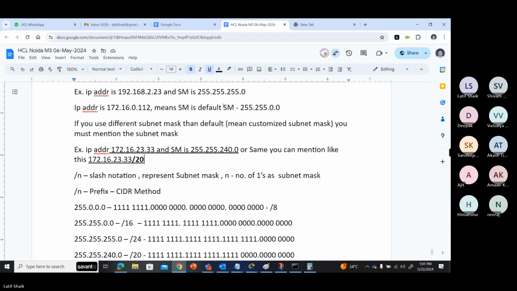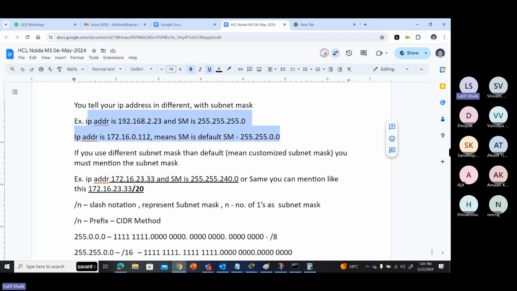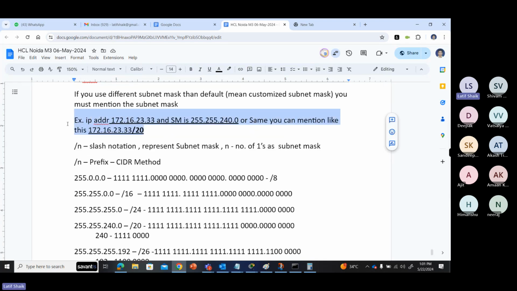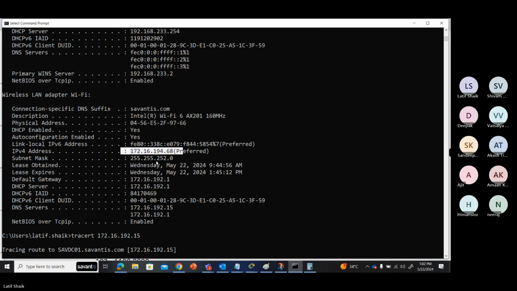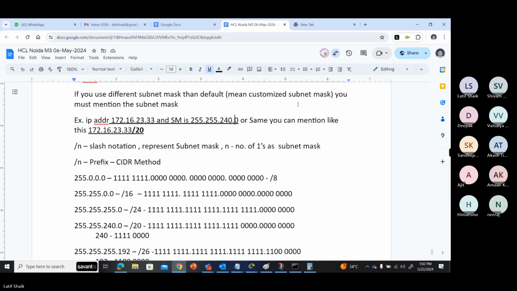So these two are classful networks, and this is a classless network because I use a different subnet mask.